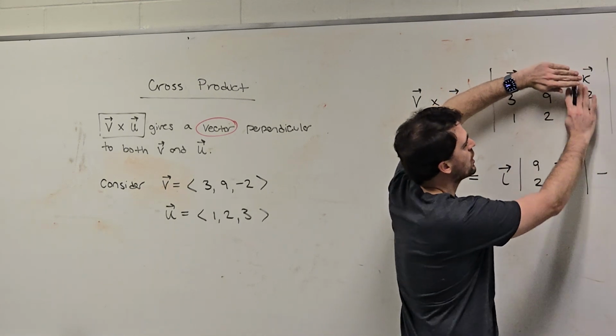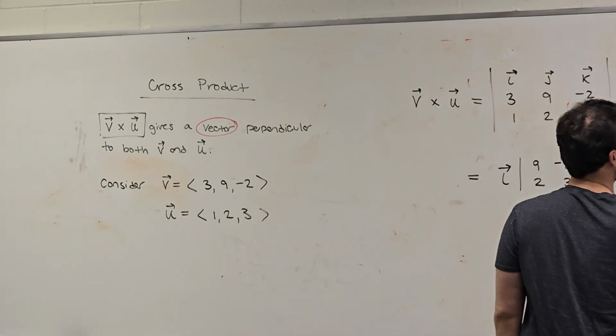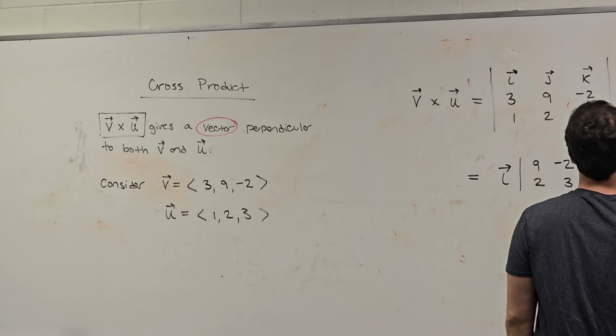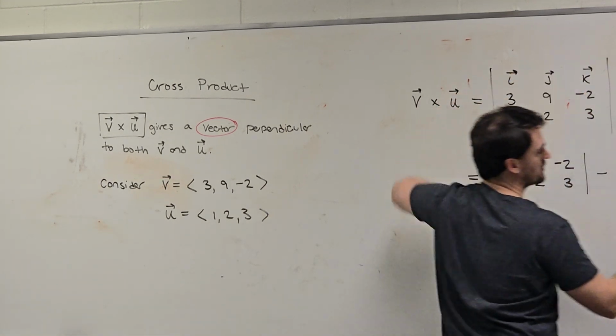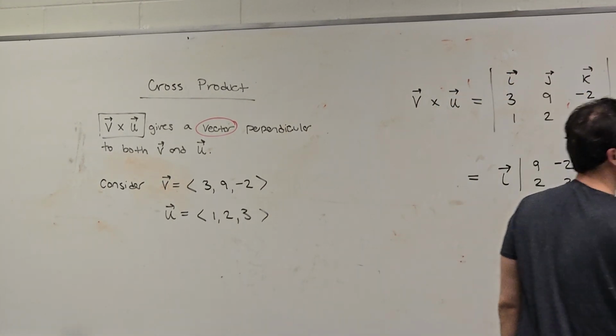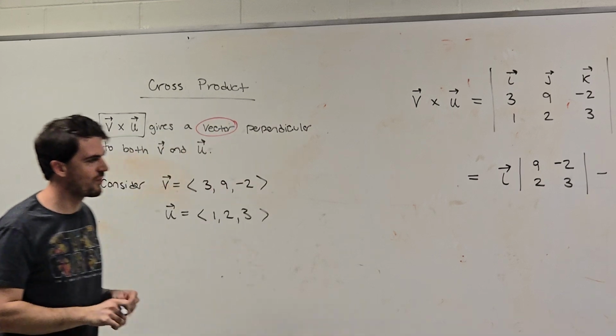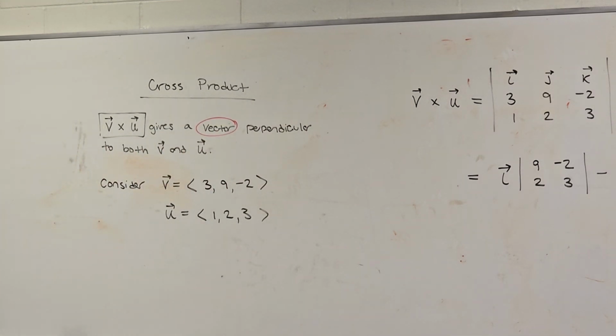Covering up the row and the column with k, I'm left with 3, 9, 1, 2. We'll pause there for 2 seconds.